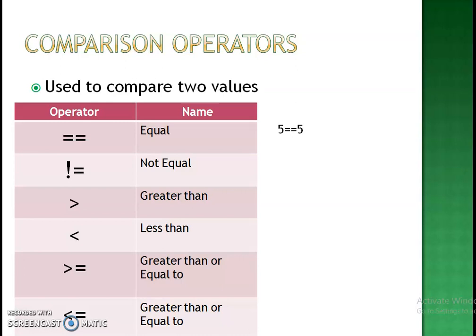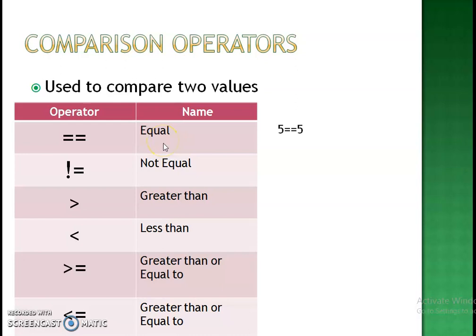It is used to compare two values or two objects. When I compare 5 is equal to 5, it automatically returns true. Comparison operators return the value either true or false.